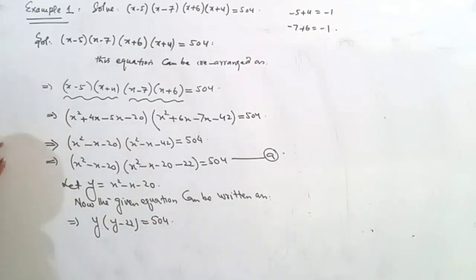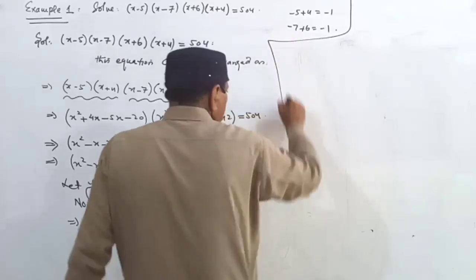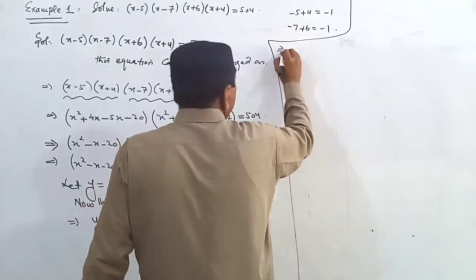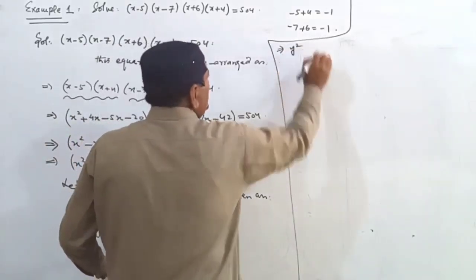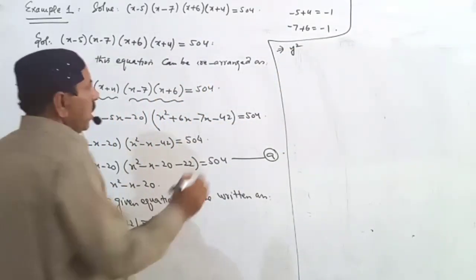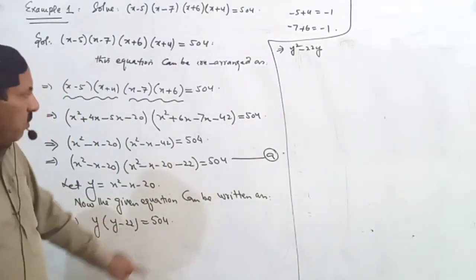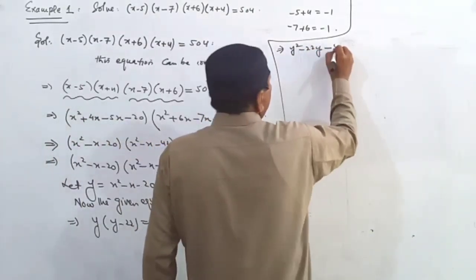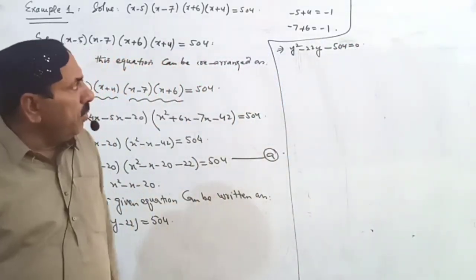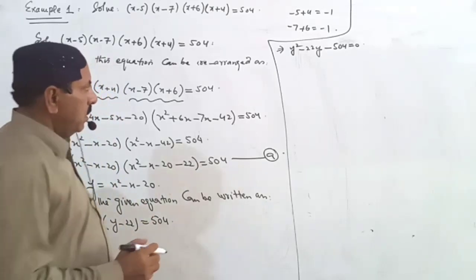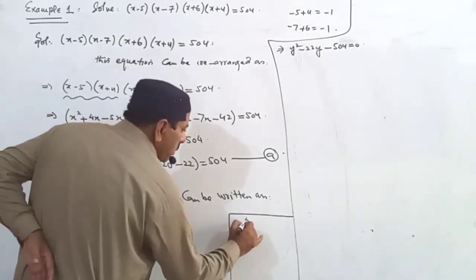So, this will be y square minus 22y minus 504 is equal to 0. So we will make the factors of 504.